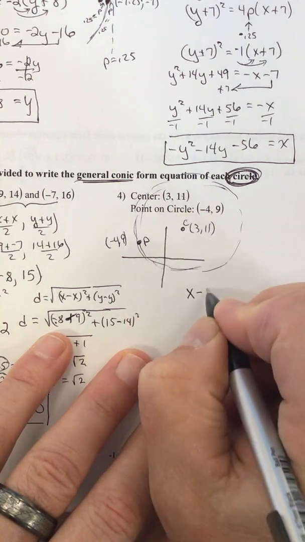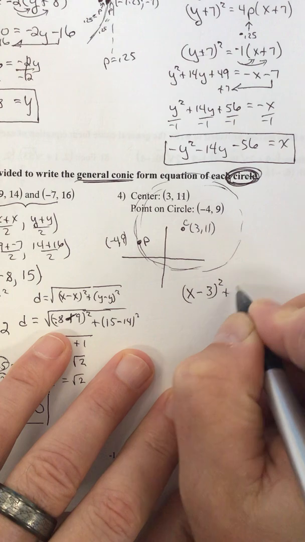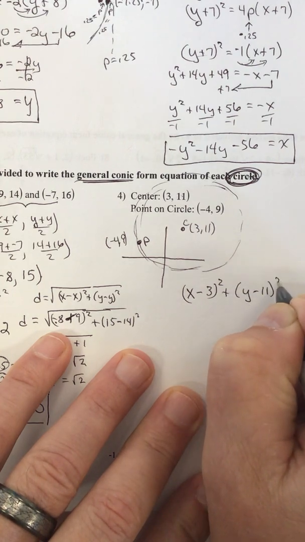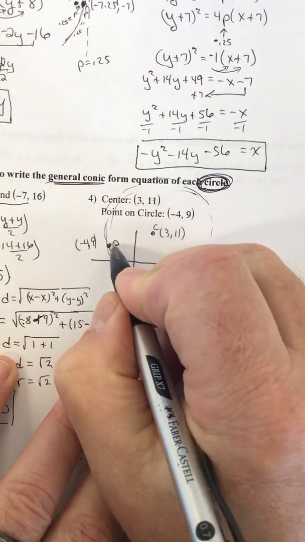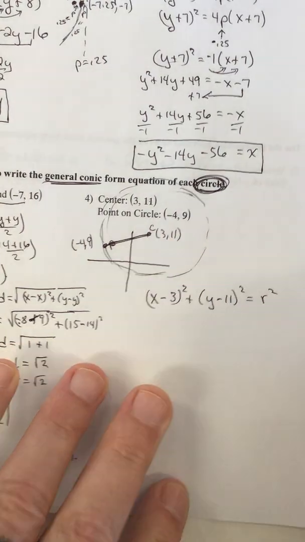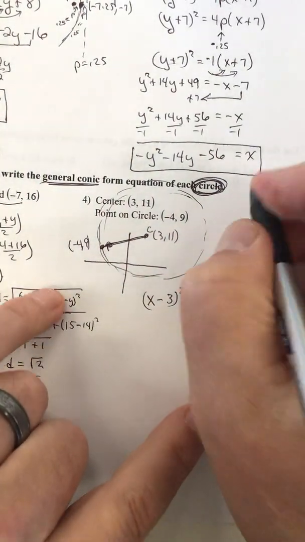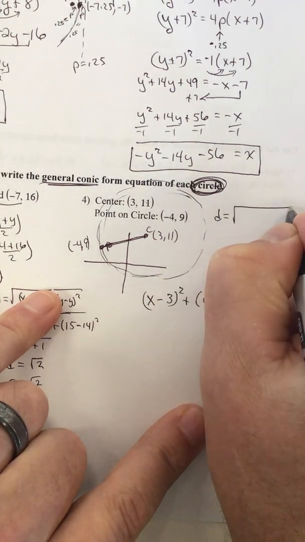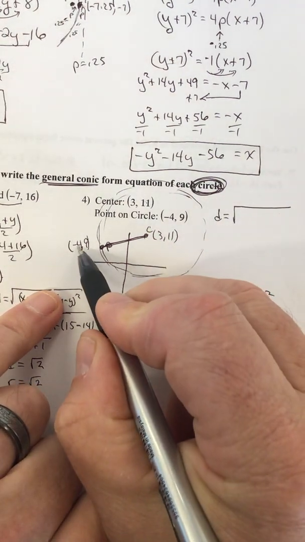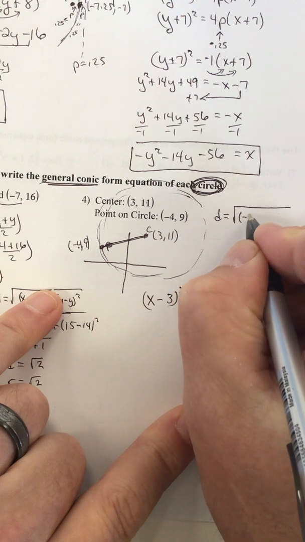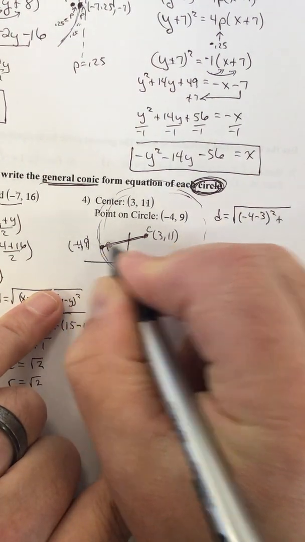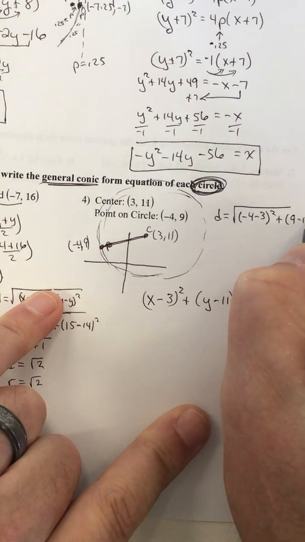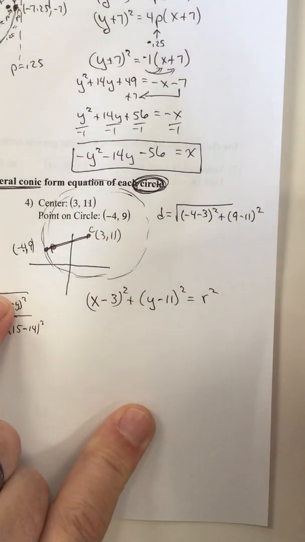(x minus the x) all squared, and then (y minus the y) all squared equals the radius squared. Right there's the radius. I just need to find that distance. So if I find that distance, that will be the radius. So the distance there is the square root of, okay, negative 4 minus 3, (x minus x) squared, plus 9 minus the 11, (y minus y).